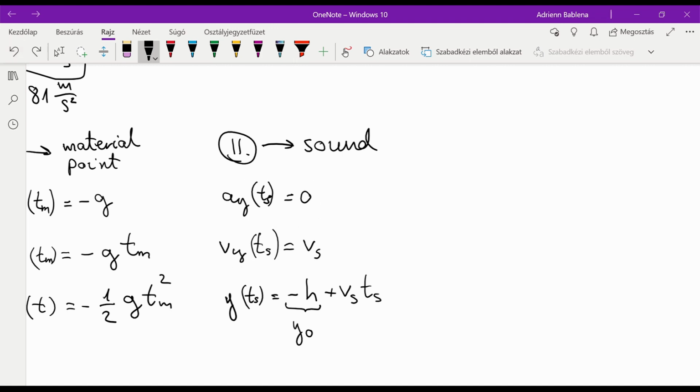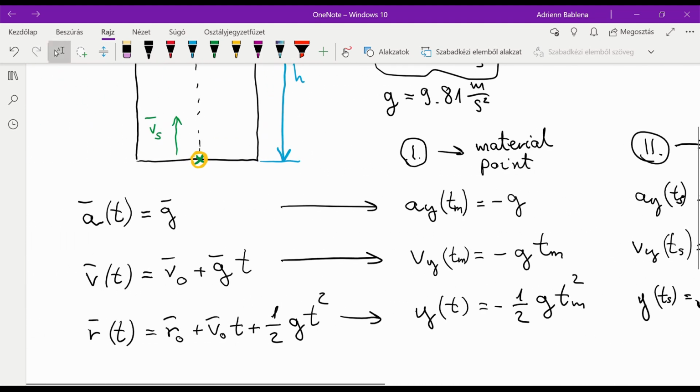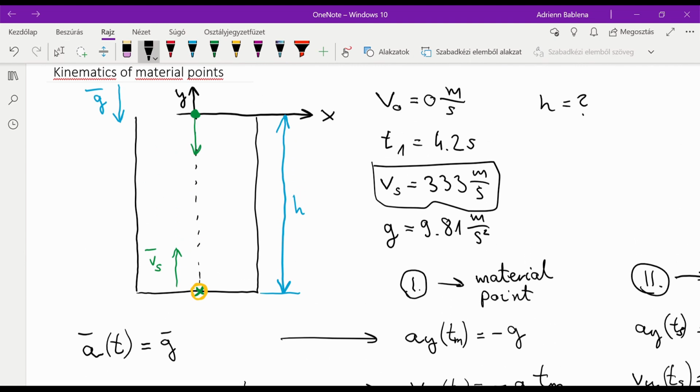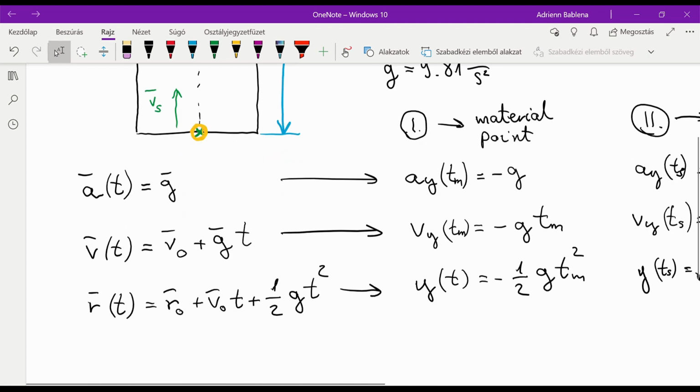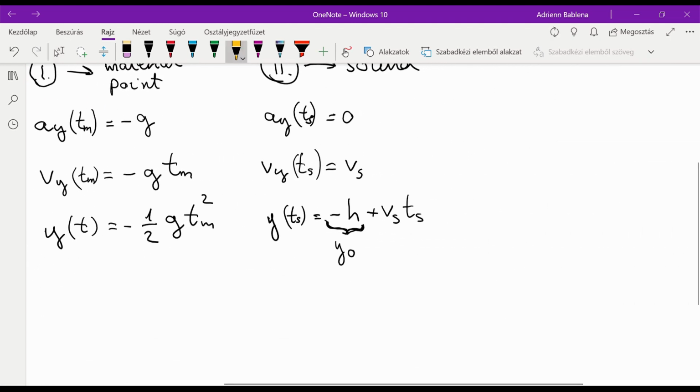But in the Y function, we have to take into account the initial position, the initial coordinate of the speed of sound, or sound speed. So the movement started at -h. So our y0 is -h. Okay.